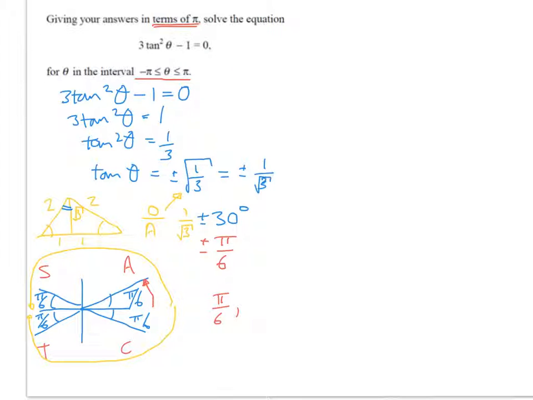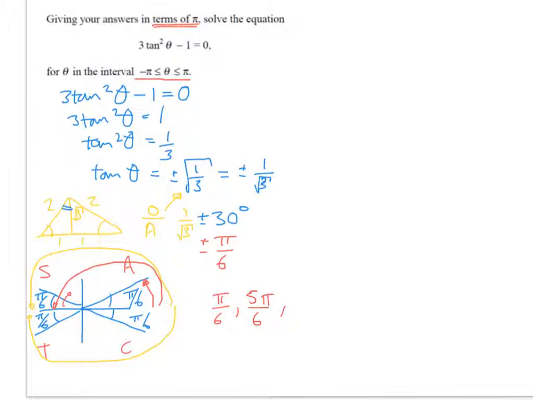Our next solution would be pi minus pi over 6. So if we have pi, which is 6/6, take away a 6, that's 5/6 pi. So there's 2 solutions.